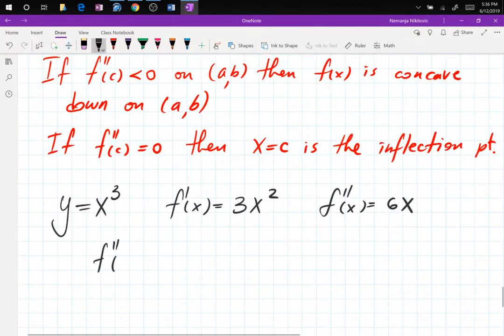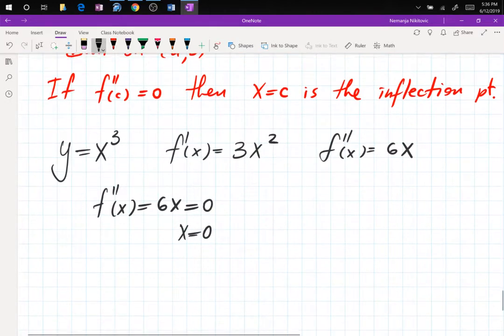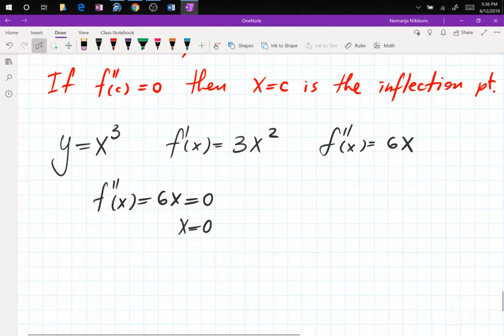So f double prime of x equals 6x equal to 0, to calculate that x equals 0. You see, that x equal to 0 in the second derivative is your inflection.